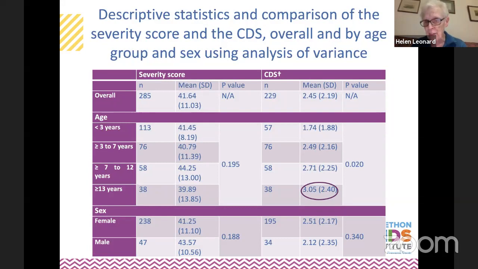So it looks as if motor skills continue to improve over time. We also look at severity score, and although it's not significant, we actually find that the severity score is lowest in those over 13 years, which is also a good sign, suggesting that children are not becoming more severe with age.